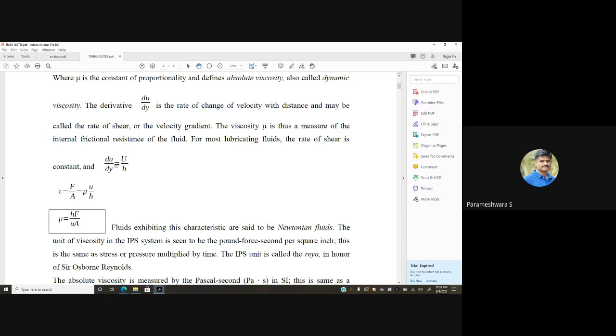The viscosity mu is thus a measure of the internal frictional resistance of the fluid. Considering du over dy equals u over h, where du is the change in velocity and dy is the change in distance, height.